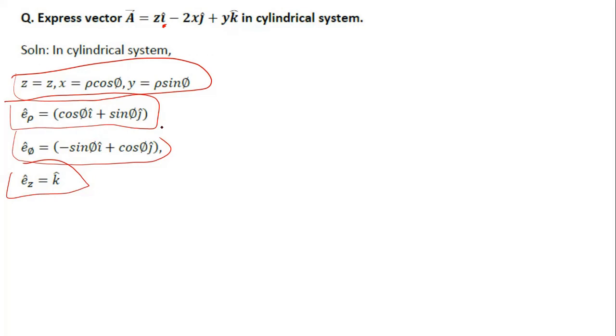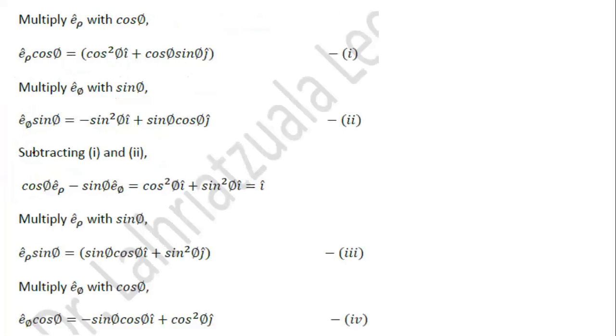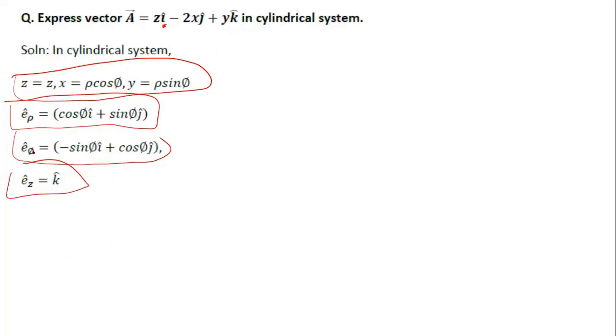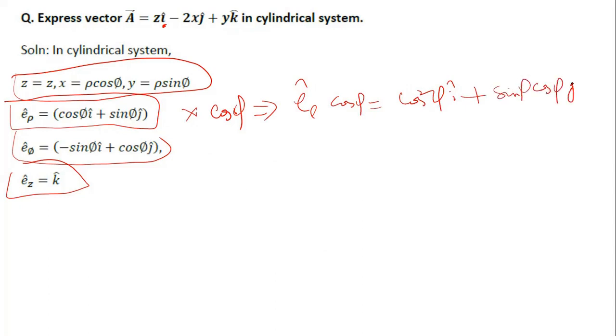Now, in order to express this in a cylindrical coordinate system, you should be able to write your i cap in terms of e rho and e phi. So what we are going to do is multiply this e rho with cos phi. Then e rho cos phi will be cos square phi i cap plus sine phi cos phi j cap.